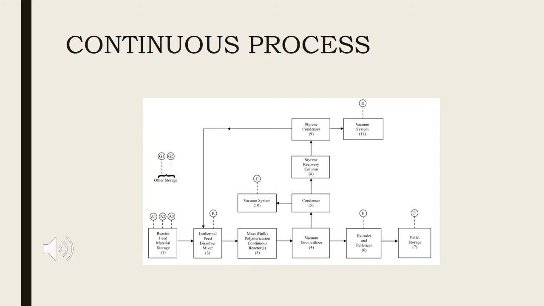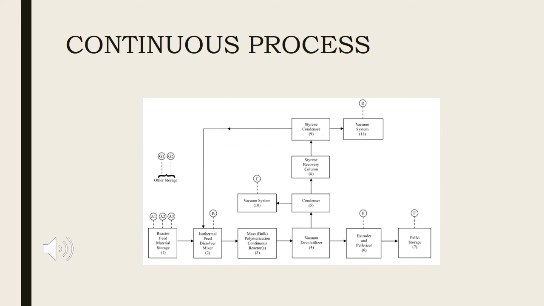The polymer melt, which contains unreacted styrene monomer, ethyl benzene and low molecular weight polymers, is pumped to a vacuum devolatilizer, which is unit number 4.